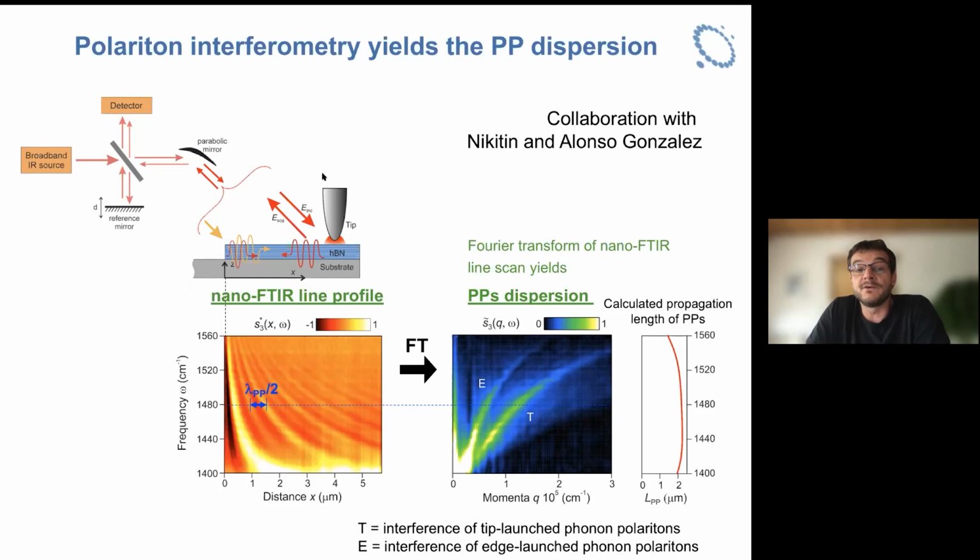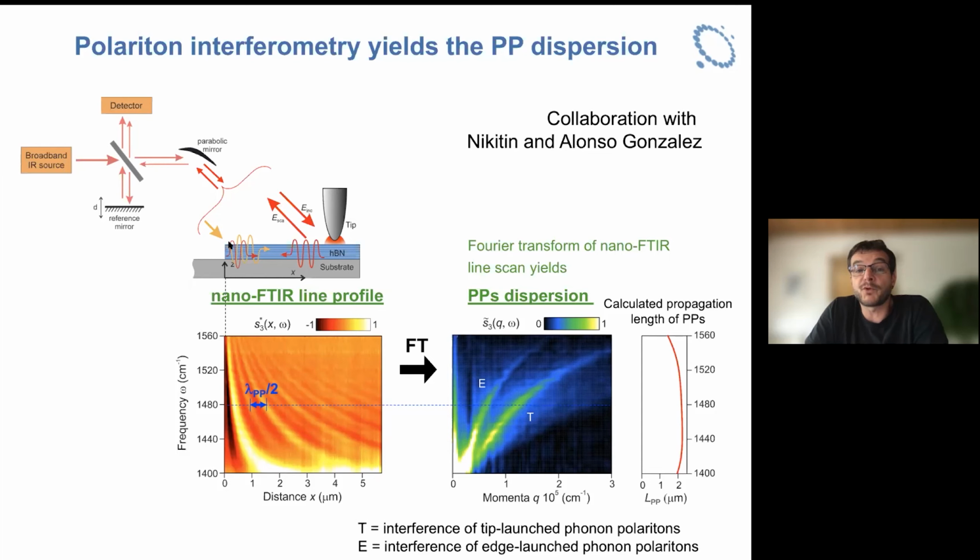On the other side, due to this global illumination scheme, we need to imagine that we have a diffraction limited spot that has tens of micrometers of diameter. This illumination spot also illuminates the edge of the hBN. And this edge allows one to couple polaritons into the hBN, similar to what the tip is doing.